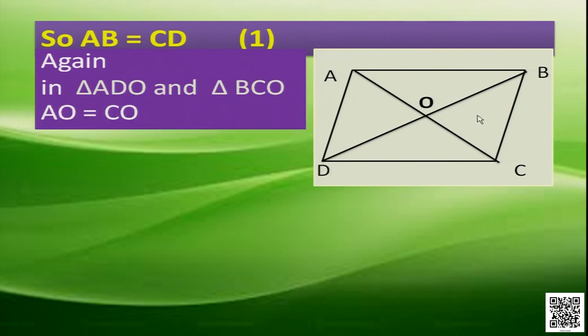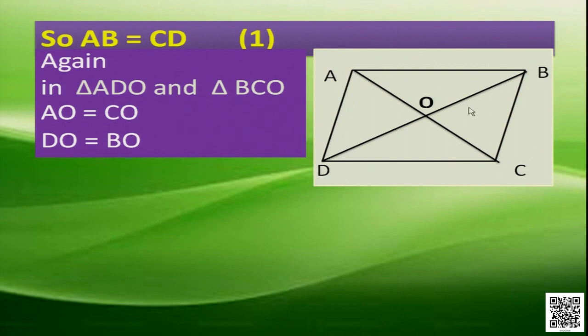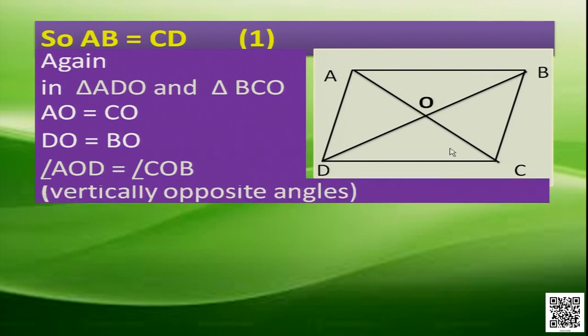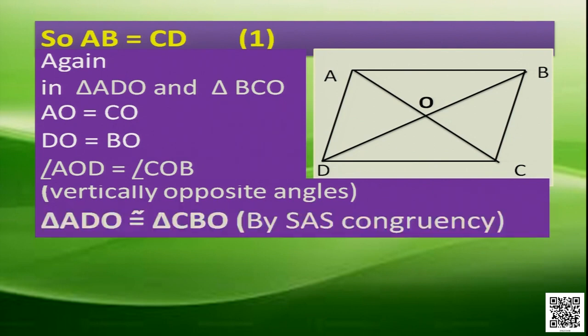You see, in this case, as given, AO is equal to CO and DO is equal to BO. Also, we have angle AOD is equal to angle BOC as they are vertically opposite angles. So, we have triangle ADO and triangle BCO to be congruent.